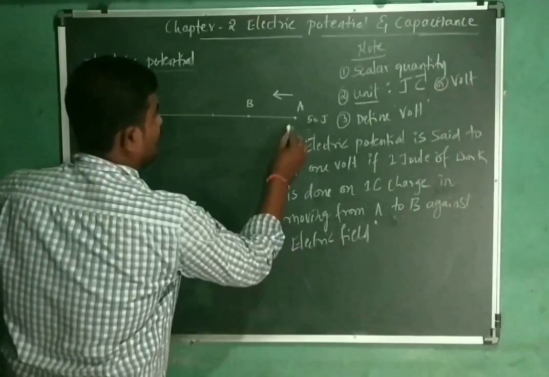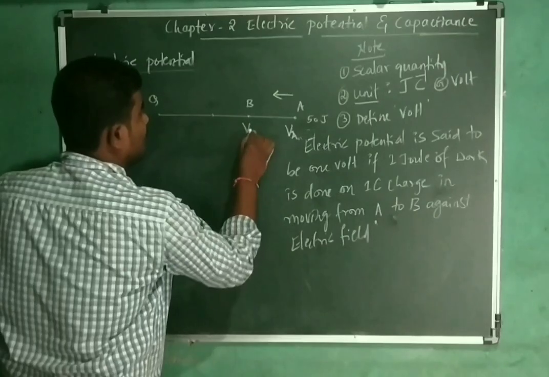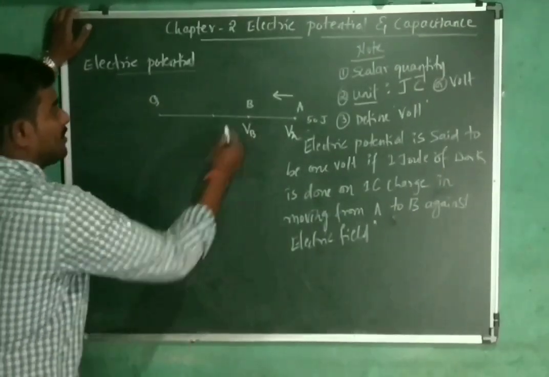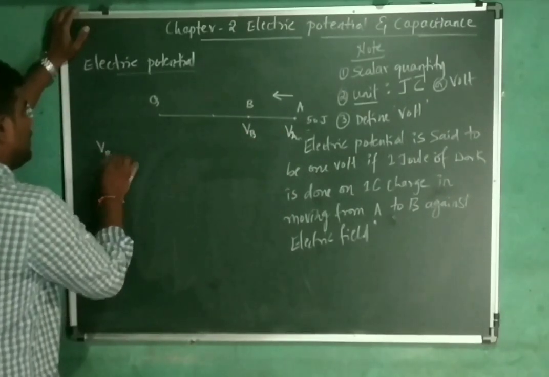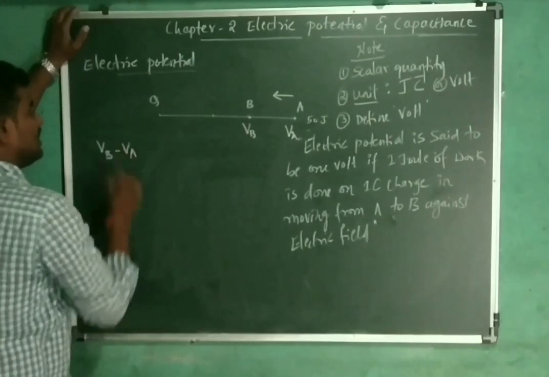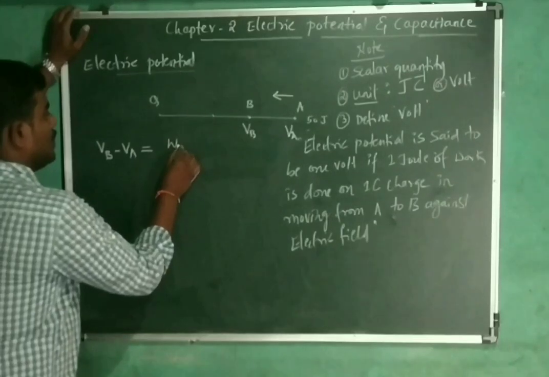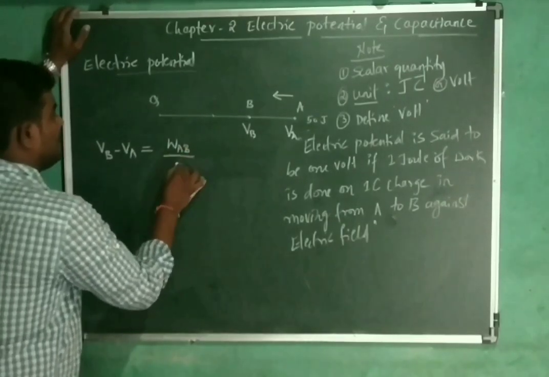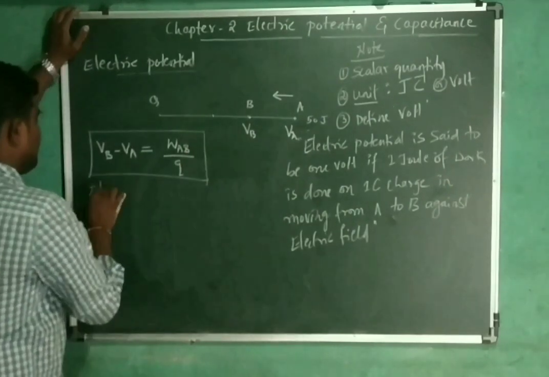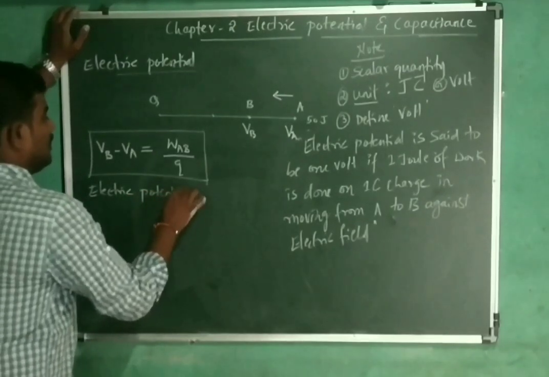At point A, let us call it VA, potential at A, and VB be the potential at B. And the difference of these two, VB minus VA, because potential at B is more and potential at A is less, is equal to W A B divided by Q. This is the electric potential difference.